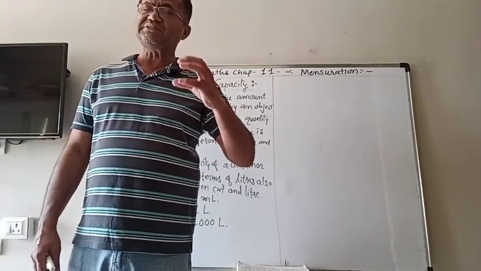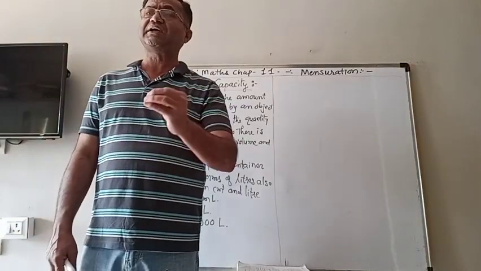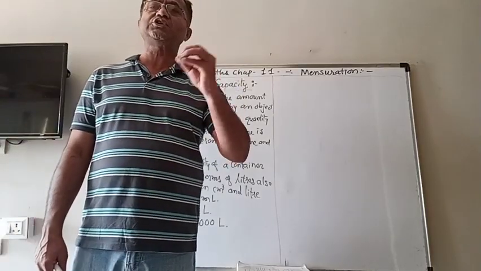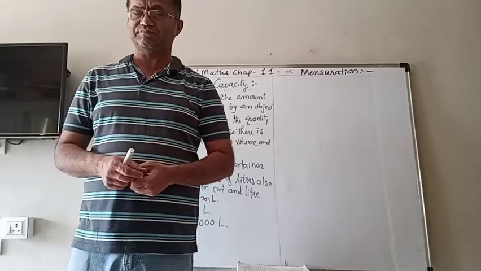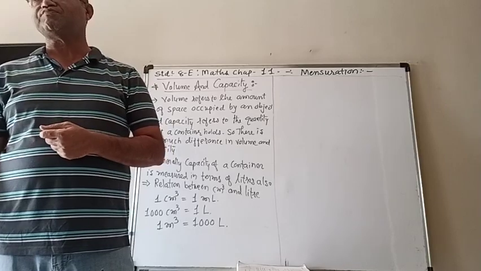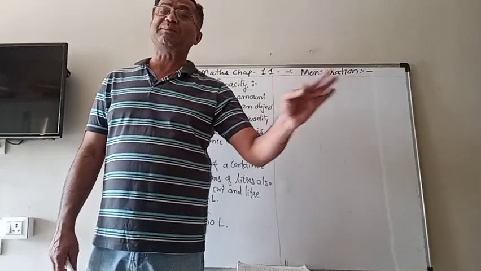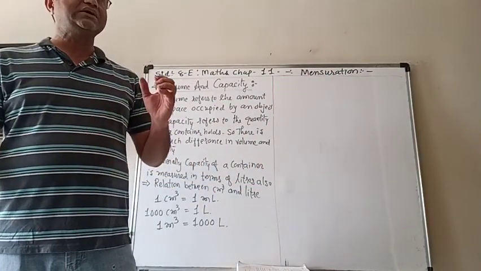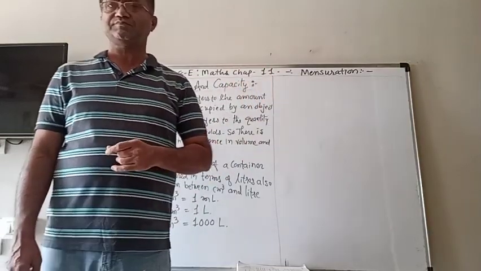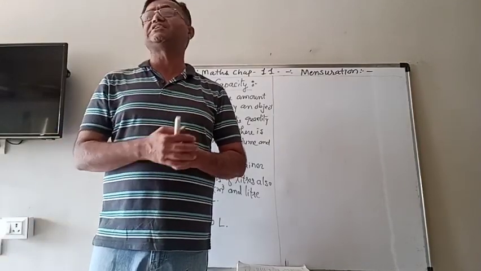But if the volume of a container is say 100 meter cube, it means that it can contain a 100 meter cube object inside. It can hold it. Means the capacity is also 100 meter cube. But sometimes the capacity can be expressed in terms of liters, because generally the capacity is in liters.